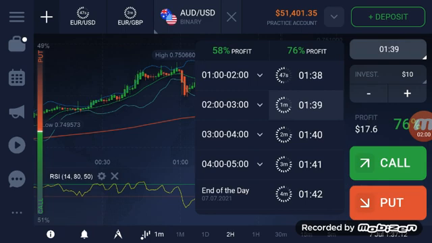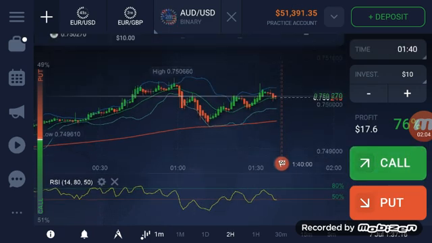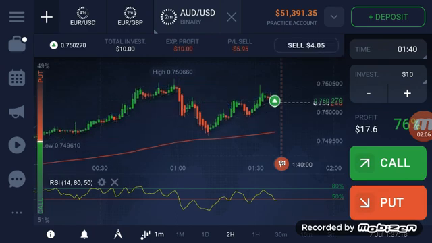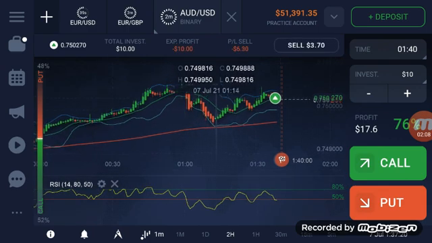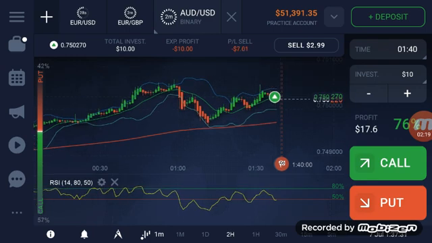I'm gonna go 140 up, because from here it generally has higher high, higher low, higher high, higher low. So I think it's gonna go up here in a few minutes.